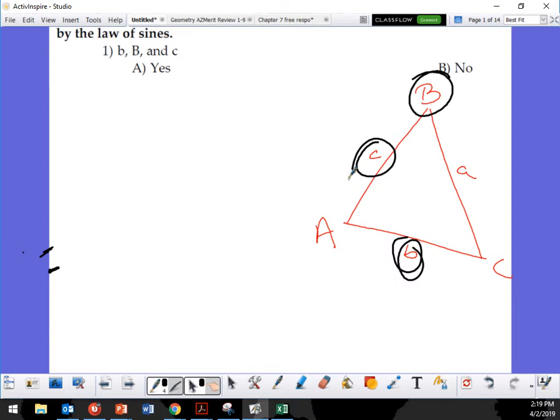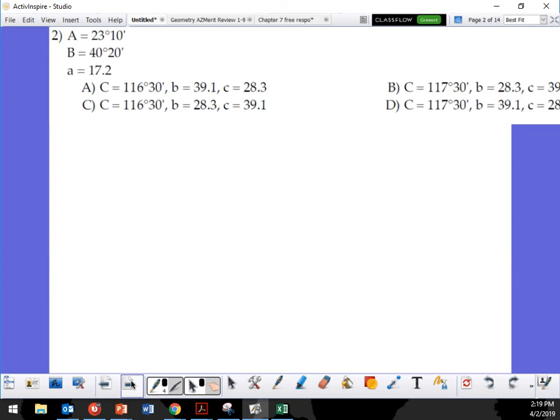It is ambiguous, so that's going to tell me that I'm going to have how many triangles? 1 or 2? 1, 2, or 3? How many? 0. Do you guys remember that? Yeah. 1, 2, or 0? 0, 1, 2. All right. What do you think I should do with this?